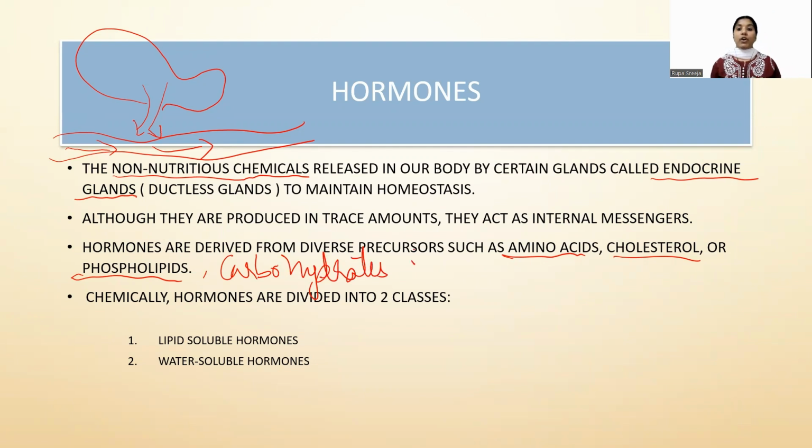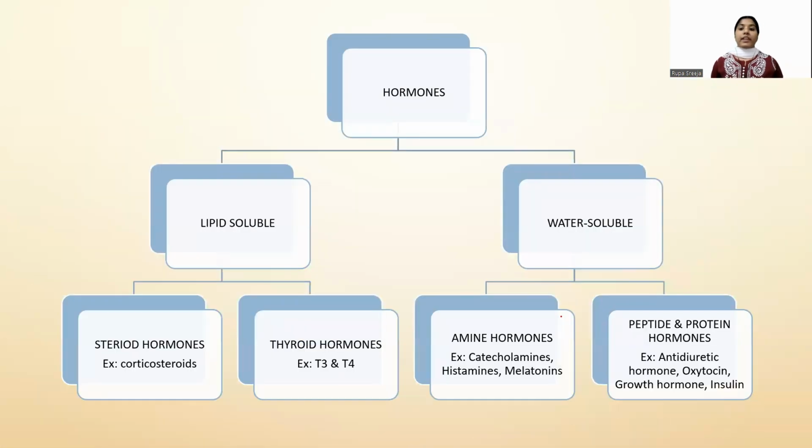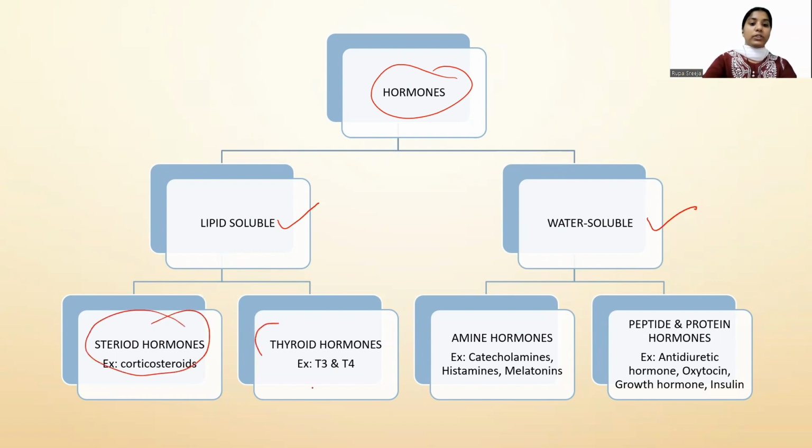Now, based on their solubility, these are of two types: lipid soluble hormones and water soluble hormones. Here I have shown you in the form of a block diagram. Hormones are divided into lipid soluble and water soluble hormones. Again, lipid soluble hormones are divided into steroid hormones and thyroid hormones. Why are these lipid soluble?